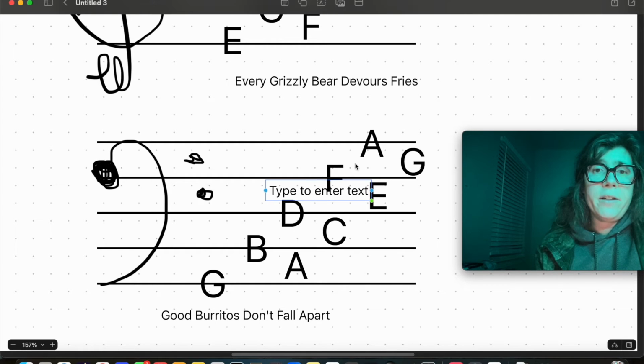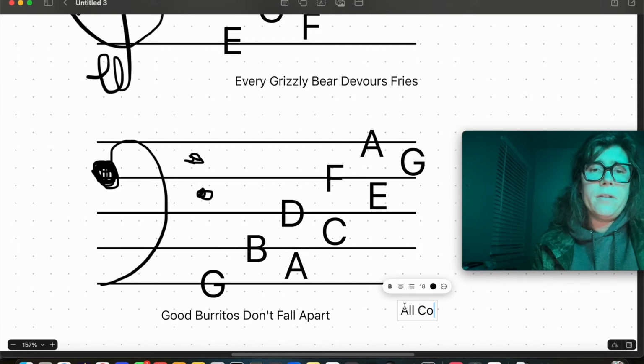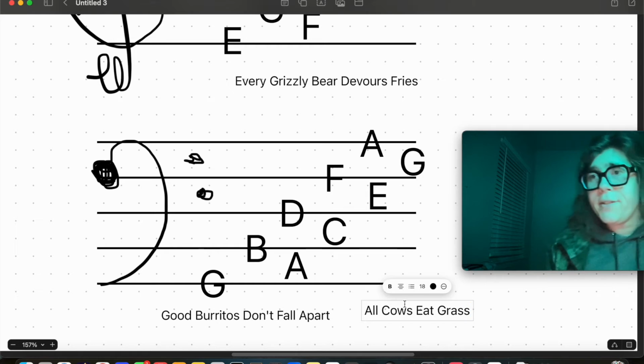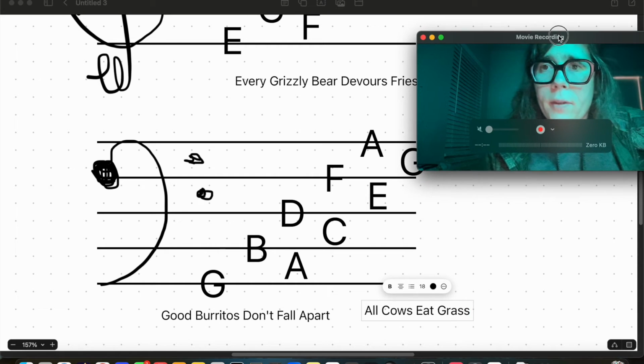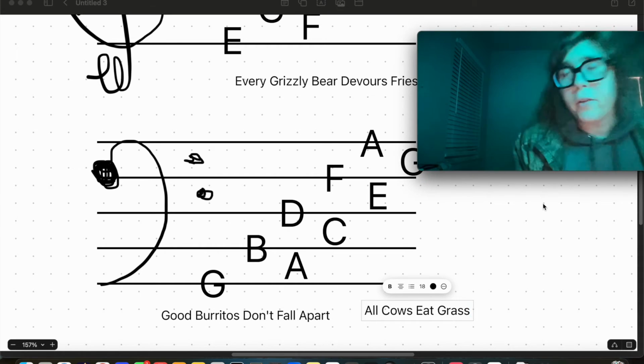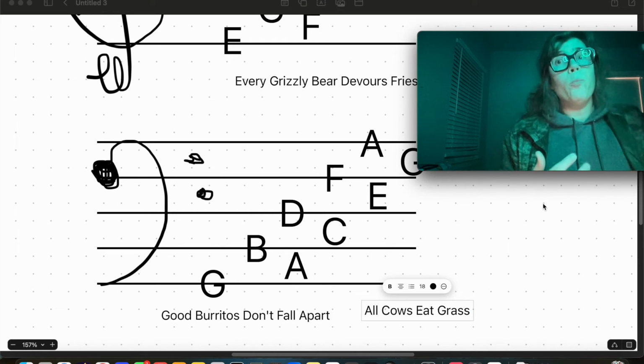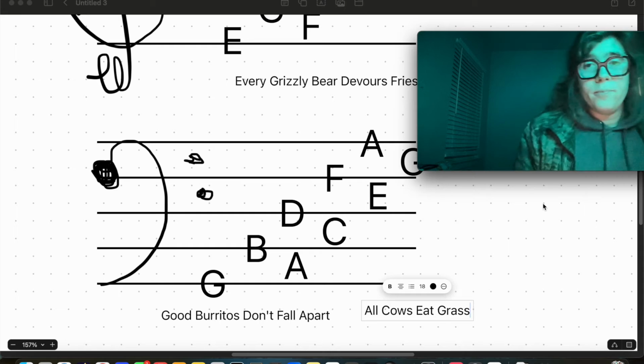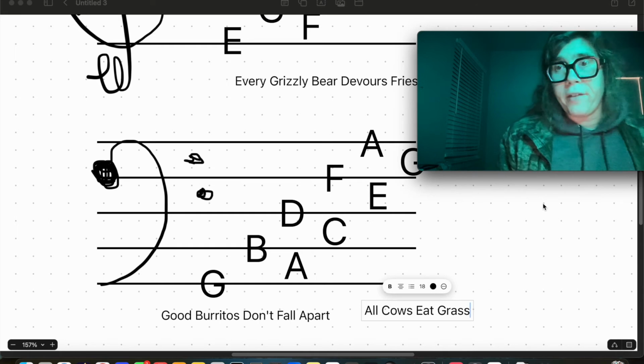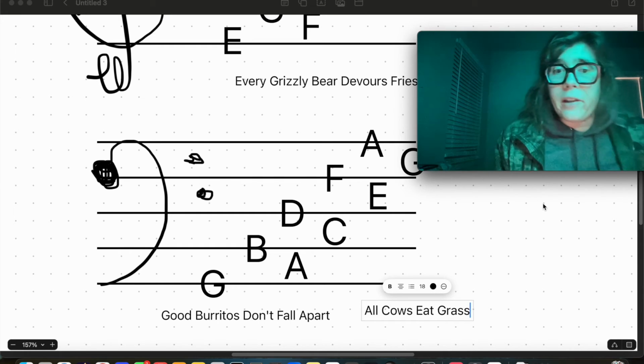I'm gonna write this one down here too. All cows eat grass. And so if we put a note on one of those lines or those spaces, that represents one of those pitches. And that would be true if we have vertical or horizontally aligned notes.